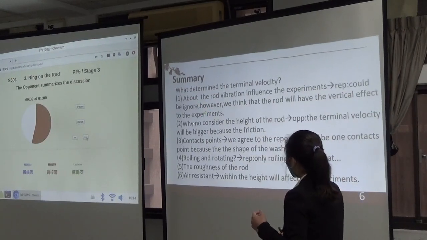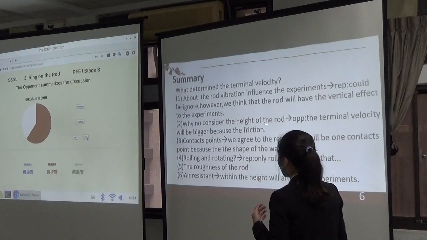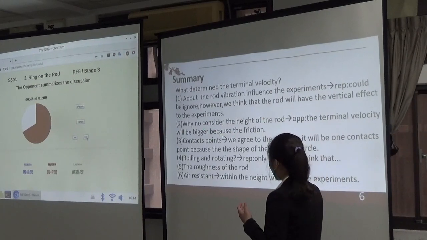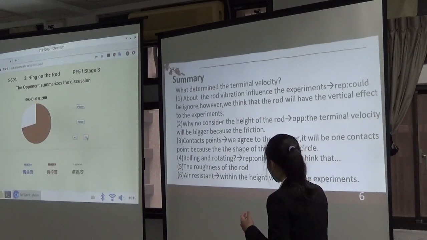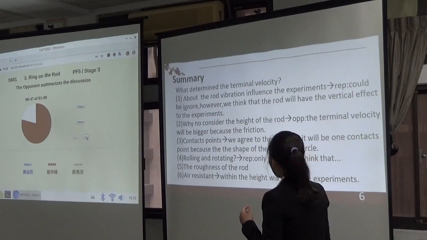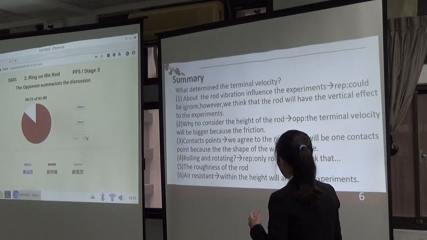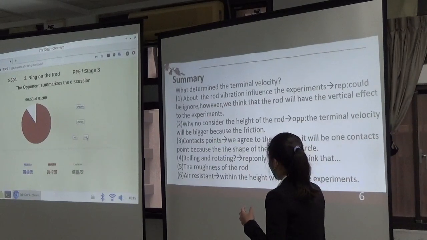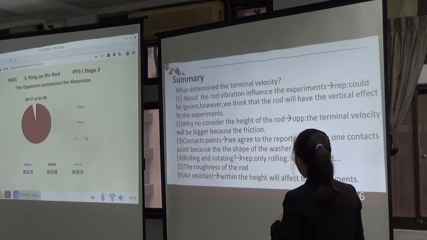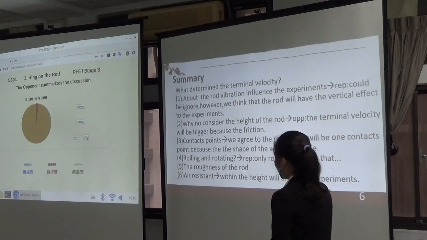And why not consider the height of the rod? I think the terminal velocity will be bigger because of the friction. On the contact point, we agree with the reporter that it will be one contact point because the shape of the washer is a circle. This one is rolling and rotating, and the reporter said it is only rotating, but we think it is also rotating. Thank you.